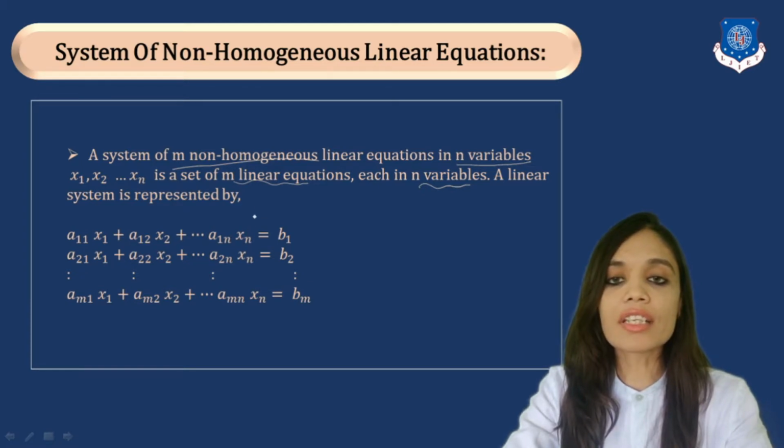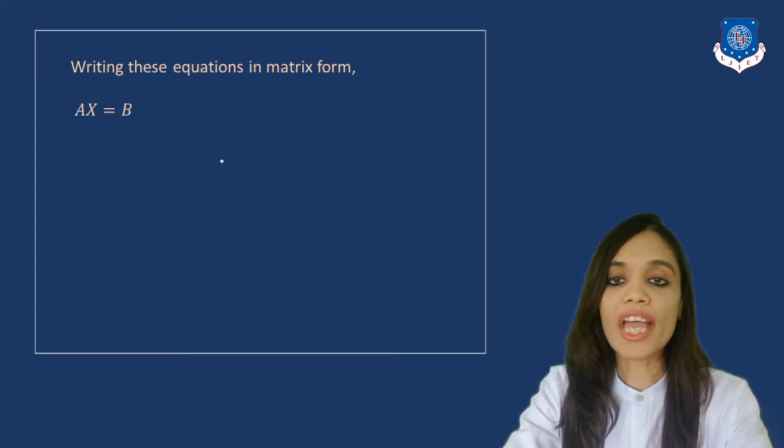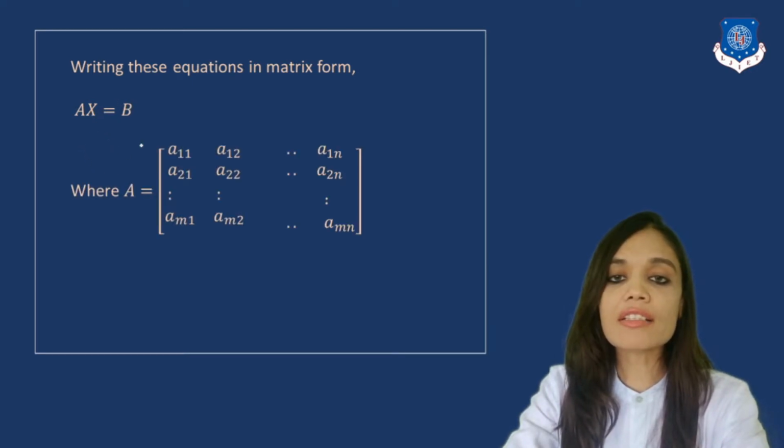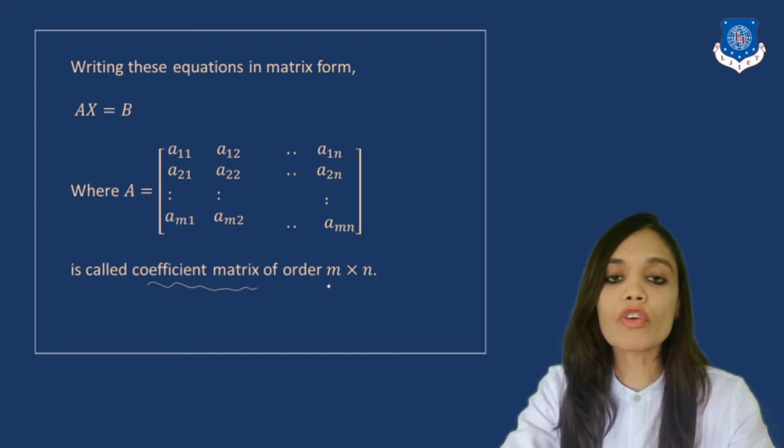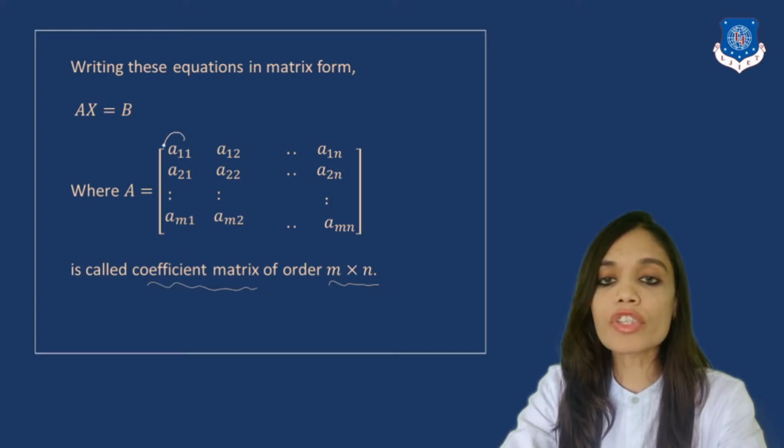So we will write this in matrix form as Ax is equal to b, where A is equal to a11, a12, a1n and so on, am1, am2 and amn, right? This is known as the coefficient matrix, and these are the coefficients of each equation.